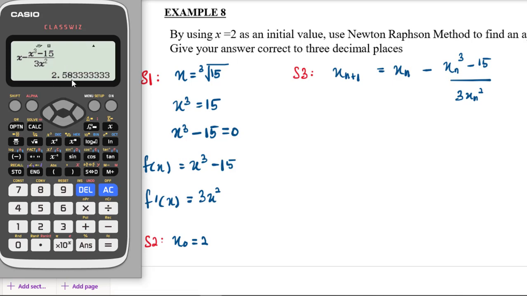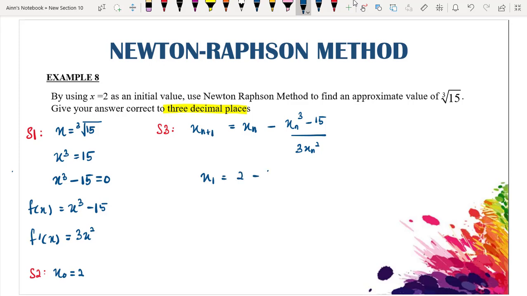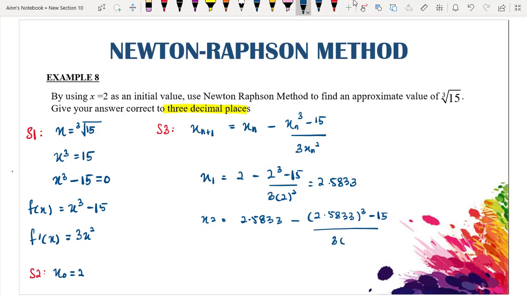Don't forget, we have to show 2 steps of substitution before we put the value. So now we have our answer 2.5833. So we just substitute the value of 2, which is our initial value, into our first iteration, and we substitute the value 2.5833 into the second iteration, which is x2.